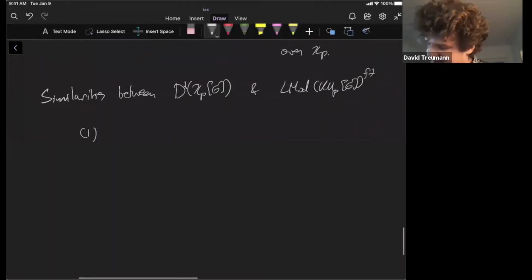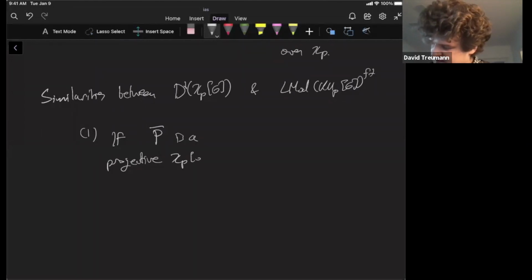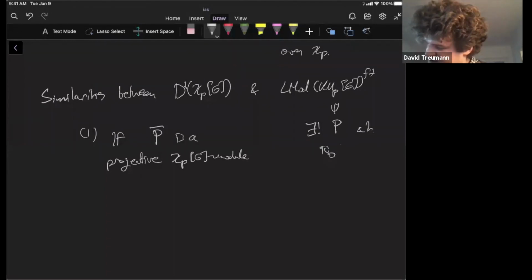So one of them is that if you have a projective, calling it P bar, a projective ZPG module, then there's a unique object in here, P without the bar, with pi 0 of P equal to P bar and pi 1 of P equal to 0.